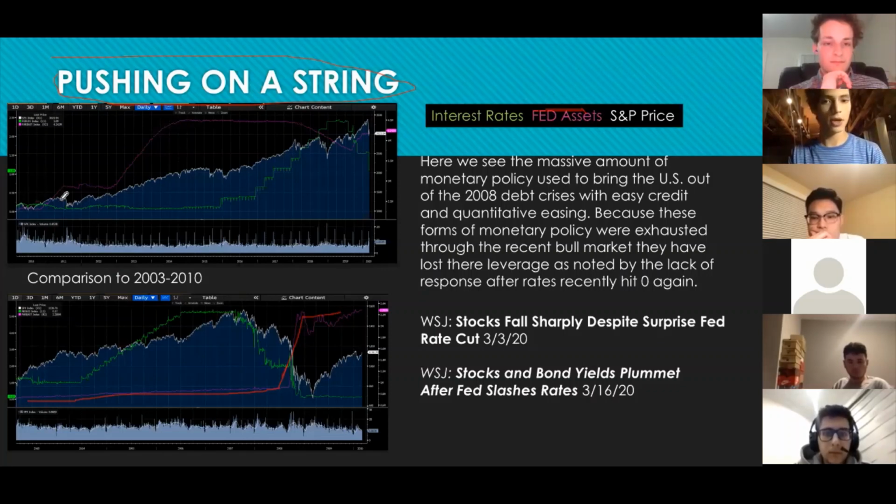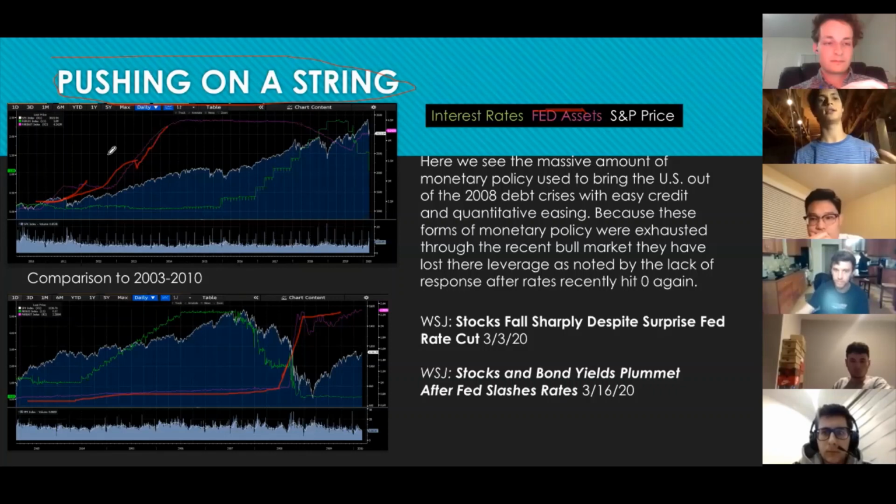Now, going into here, you see the continuation of that after 2008. The Federal Reserve kept on printing money and continuing with quantitative easing, even before the bottom of the business cycle. So here it was in response to the crisis. Here it was happening well before.